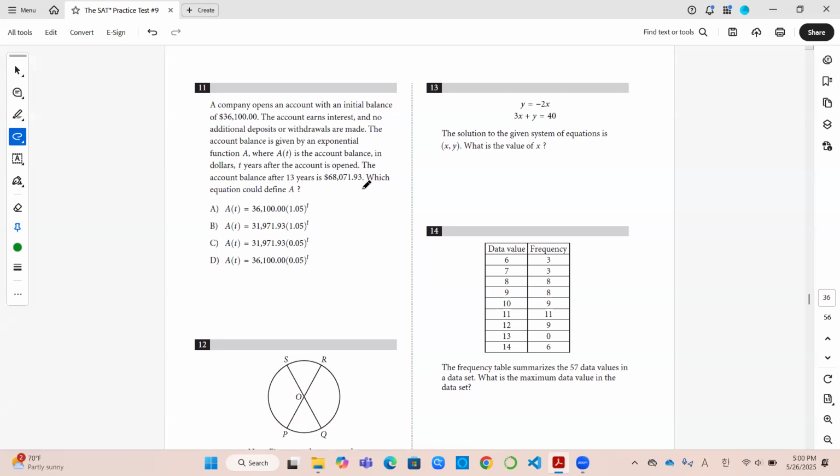So the canonical formula for an exponential function is, for some function y, you have an initial value in the beginning, and you have an exponent a to the power of t. Since we have an initial balance of $36,100, I'm going to write this down here.